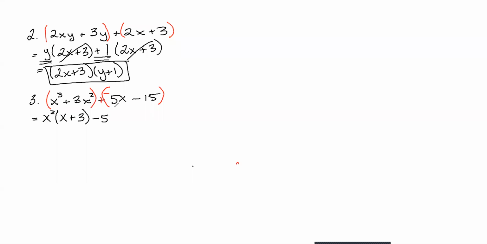Plus negative 5 just looks kind of ugly. We always like to put minus signs instead. Now, negative 5 divided by negative 5 is a positive 1, left with an x. Negative 15 divided by negative 5 is a positive 3. Now they match, so we can go ahead and factor out that x plus 3. And we're left with x squared minus 5.